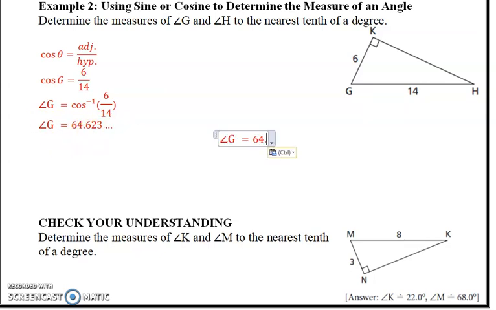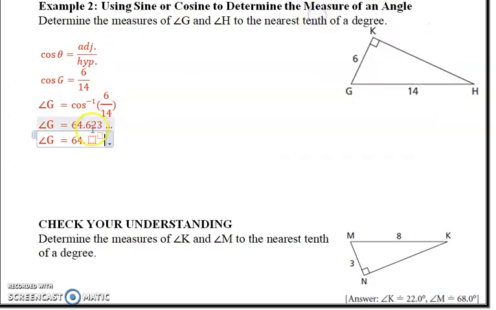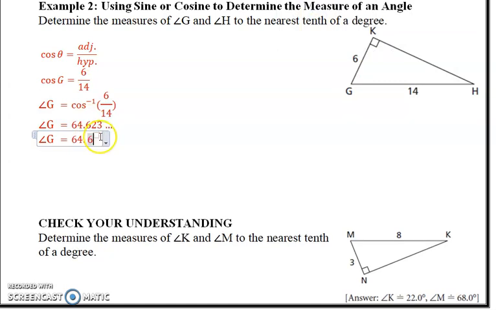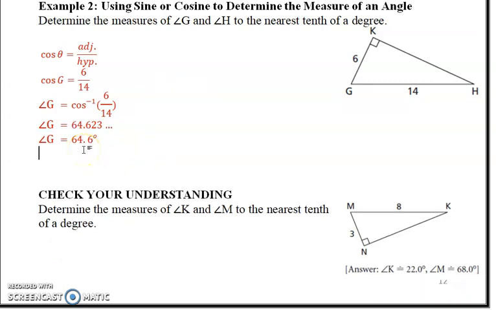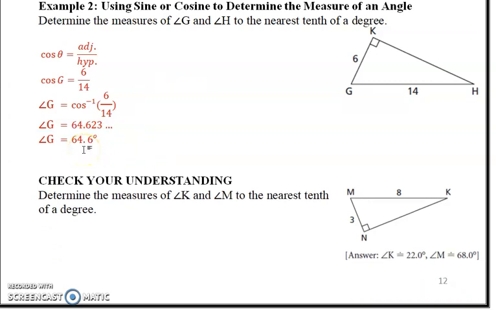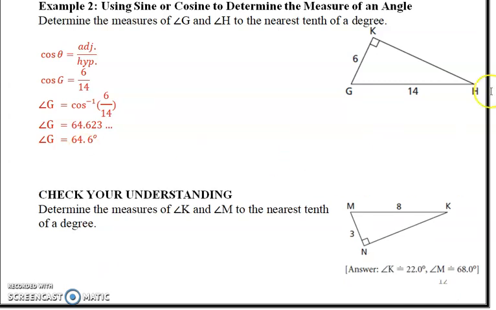So angle G is equal to 64.6 degrees. Now, there's a couple ways you can calculate angle H. We know that 3 angles in a triangle add up to 180 degrees, so we know this is 90.